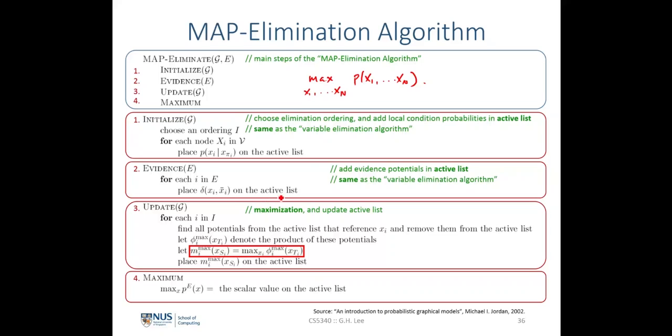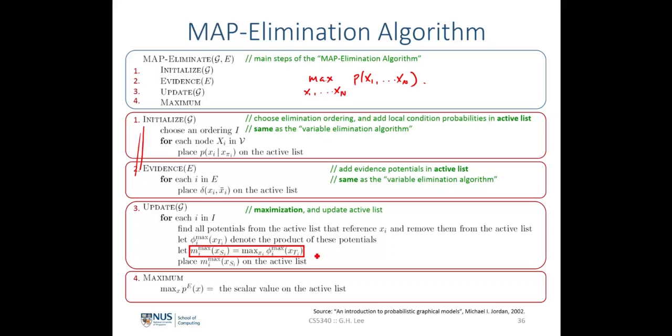These steps are the same as in the variable elimination algorithm. Then this is followed by the update step. For each random variable in the ordering list I, we find all the potentials from the active list and apply the max operator on these potential terms.